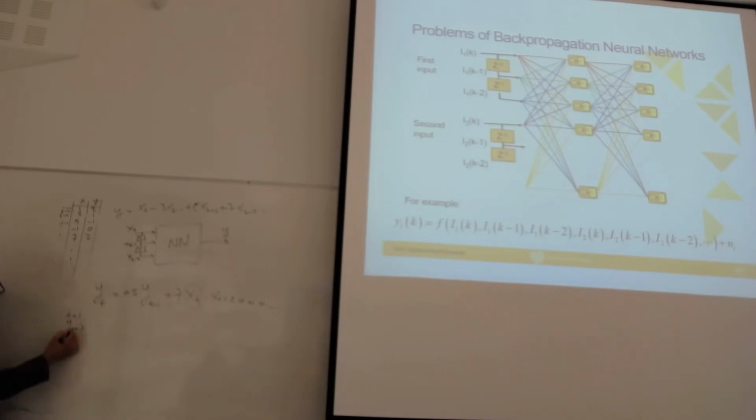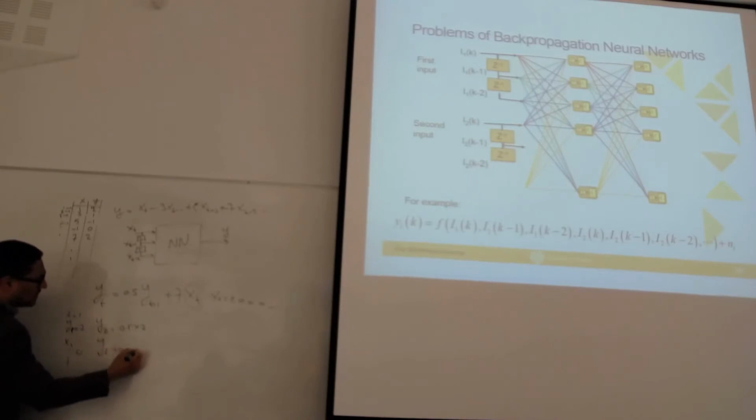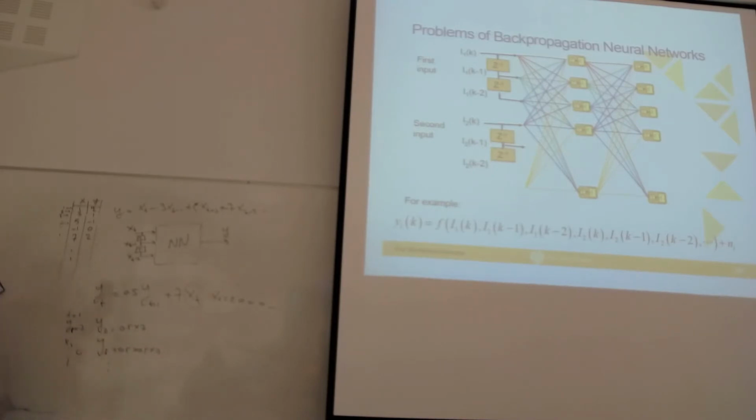This will be y1. Then, if x2 and others are zeros, you will have y2 equal to 0.5 times 7, then y3 equal to 0.5 times 0.5 times 7, and it will continue this way, so it will be decaying until it reaches 0 at infinity.